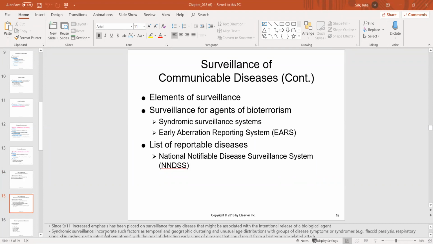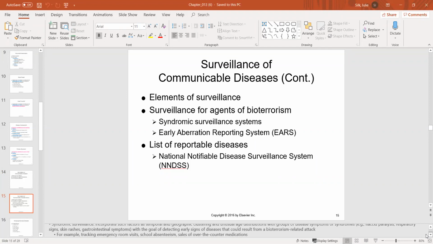With this, you incorporate factors like temporal and geographic clustering and usual age distributions. You also look at what types of symptoms they're having, things like flaccid paralysis, respiratory signs, skin rashes, GI symptoms, anything like that. So the goal is detecting things early so that it doesn't result in some kind of big-scale bioterrorism attack.